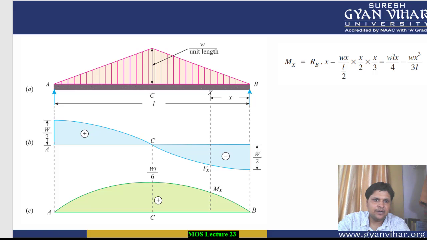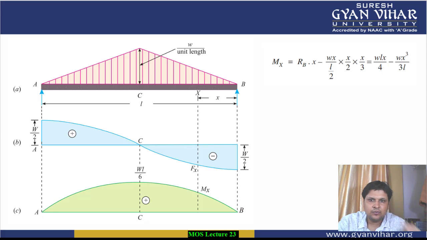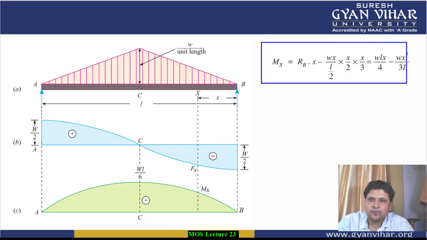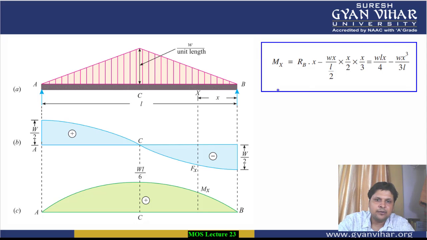So how will we calculate the bending moment, students? Bending moment can now be easily calculated in the same way as we have derived the equation for shear force. This is the bending moment: RB into X. RB is the reaction force at B. So RB into X, this is the weightage of this force. Then the UVL which is acting here, the weightage of this UVL will be equal to how much?